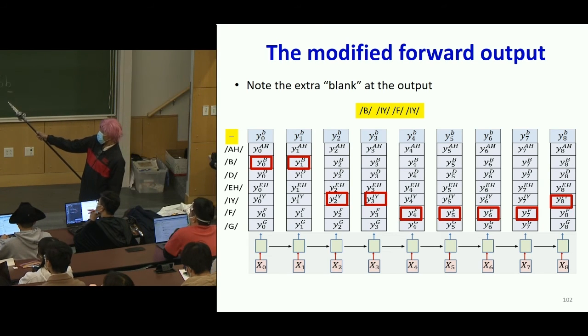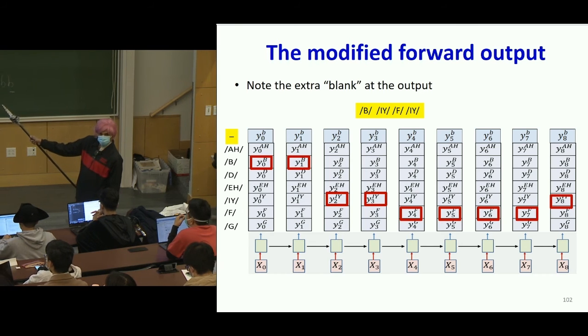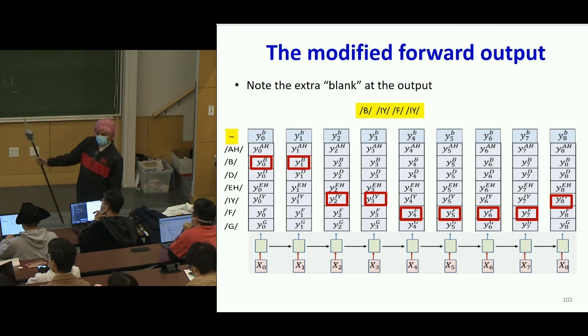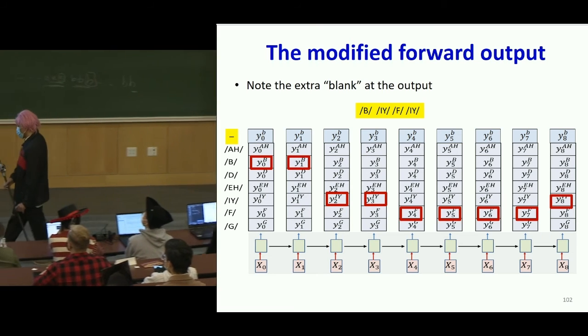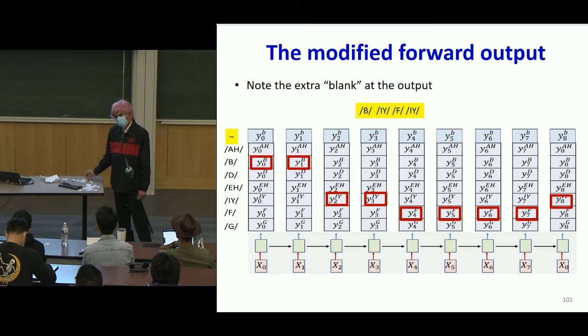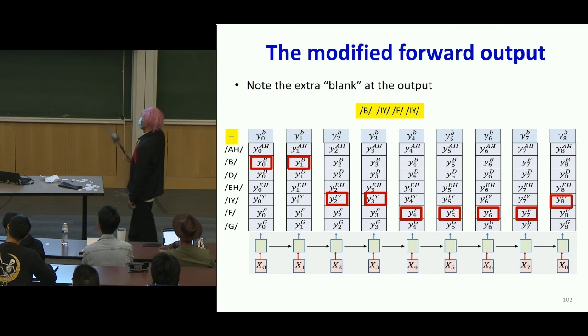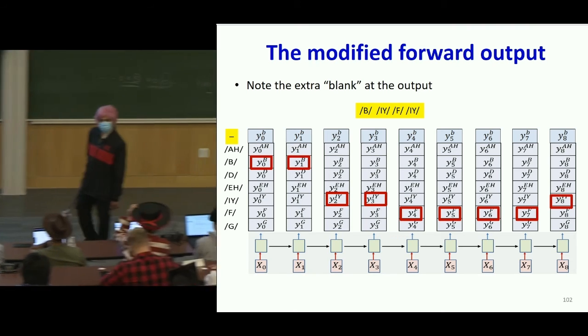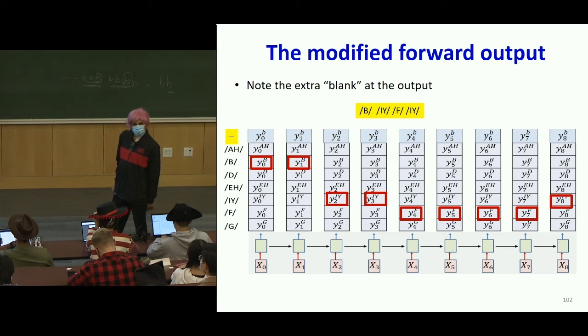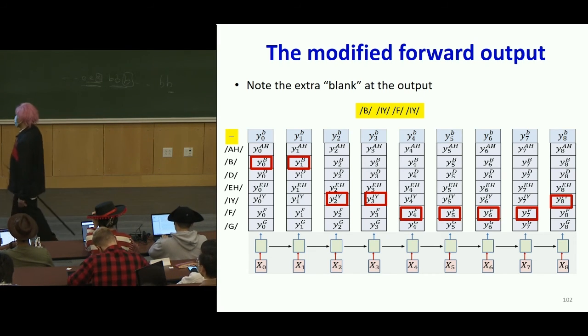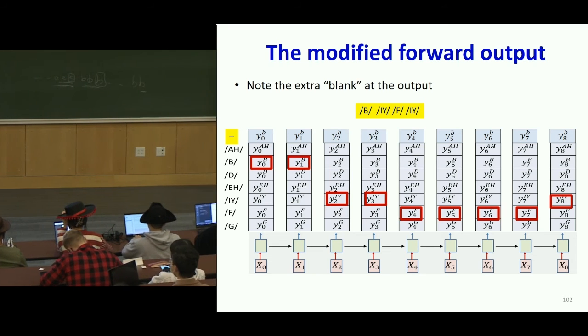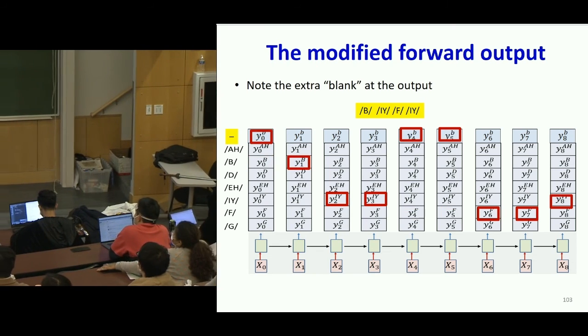So what would this one be? 2 B's, they compress to a single B. There's no separator. 2 E's also compress to a single E. 4 F's compress to a single F, and then an E. So this is just B phi, right? I hate this example. You'll see why.